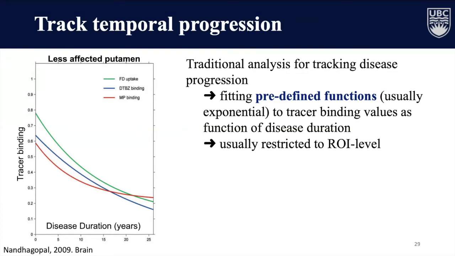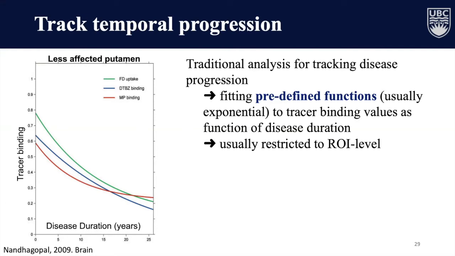duration. However, as you probably know, fitting functions require a lot of detailed parameter tuning, and it only captures the overall progression within a brain structure. So what if different parts of the brain follow different temporal progression curves? And maybe those different temporal progression curves are related to different disease-induced mechanisms.